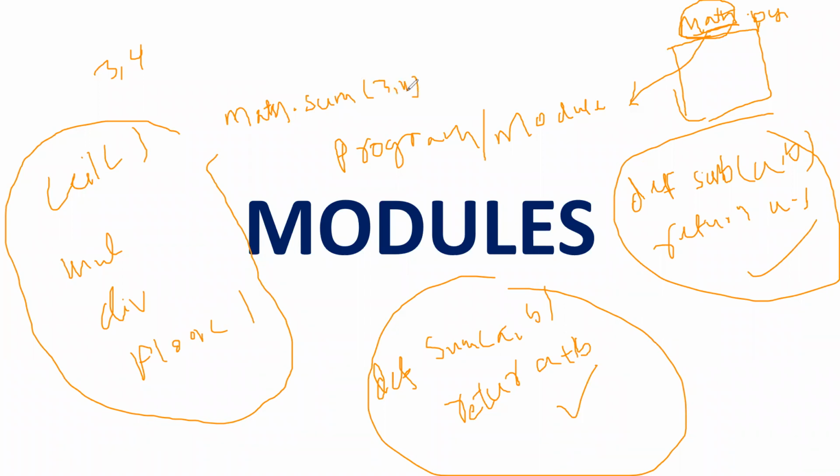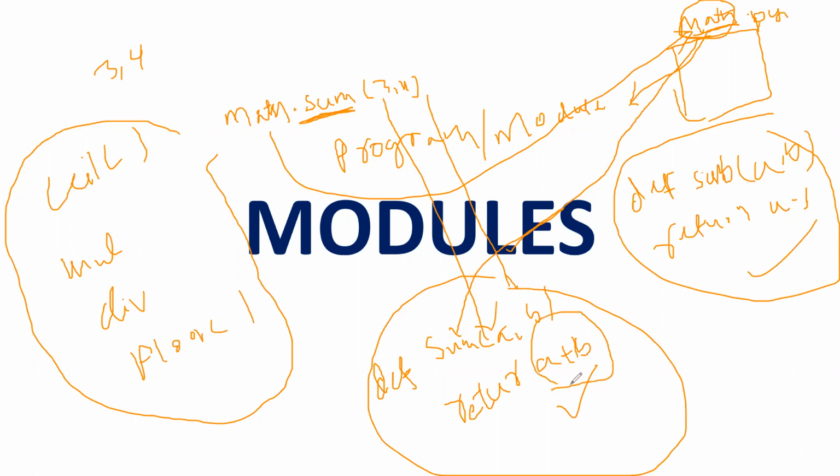So how does Python understand? Python goes to math, the math program or math module, then it searches for the function name. Technically we can say method also, right? It searches, and then these values will be applied here and it gives the result a plus b.